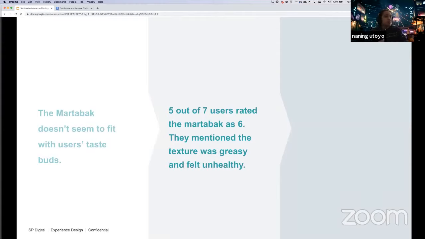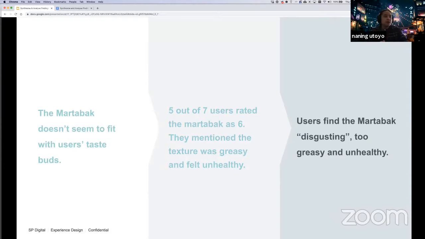When it comes to 5 out of 7 users, probably most of the users anyway. And then a good way is to put the exact terms that the users used to give feedback on the product. So for example, we can tweak it like, users find the martabak disgusting. Probably that's the exact word they used, and too greasy and unhealthy as well.